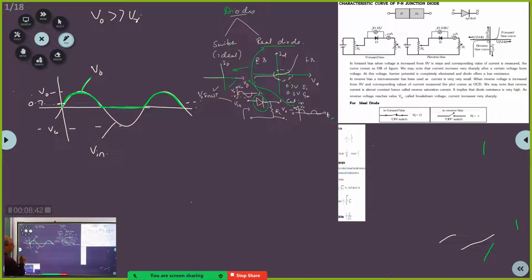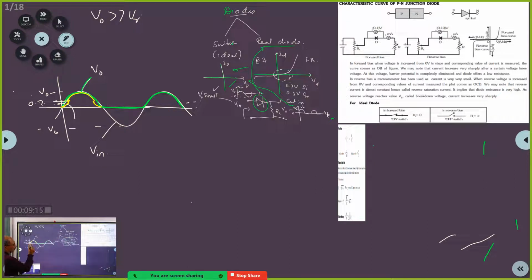Till it reaches 0.7 volts, the output of the diode will not be like this. Understand? The output of the diode will be like this. And thereafter, once the diode is forward biased, you will get the waveform like this. Again, it would be like this.